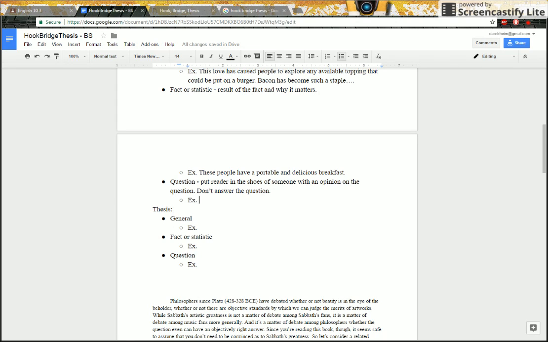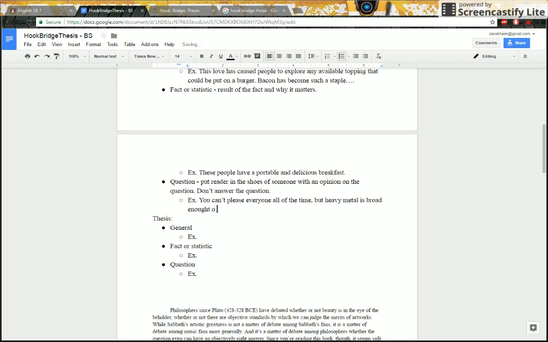And an example of a transition for the question hook would be you can't please everyone all of the time, but middle is broad enough to please anyone at any time.